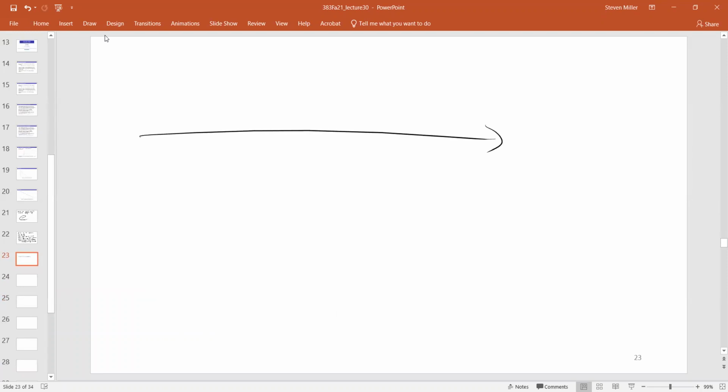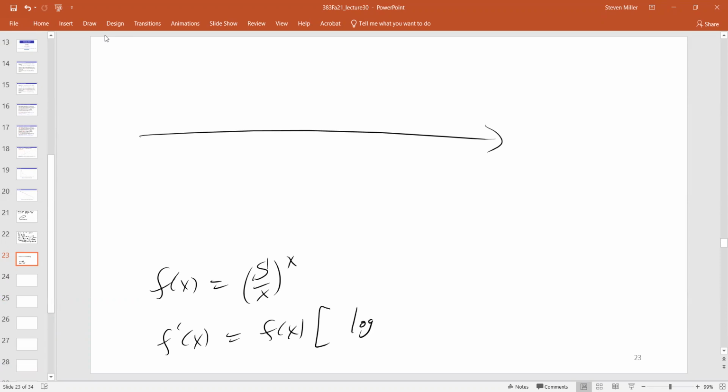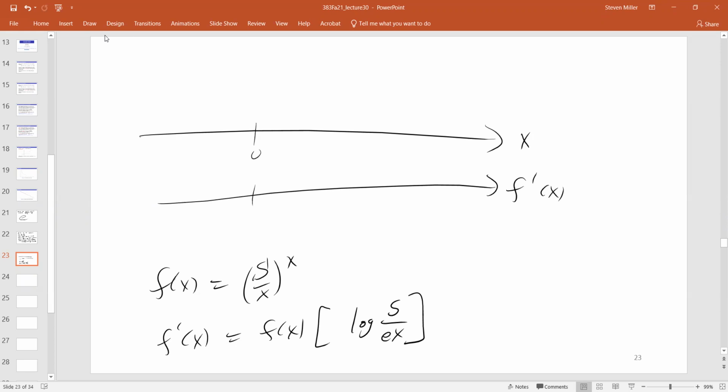So when you look at what's going on, f of x was s over x to the x. f prime of x was f of x times the log of s over ex. So here's x, here's f prime of x, here's 0, here's s.